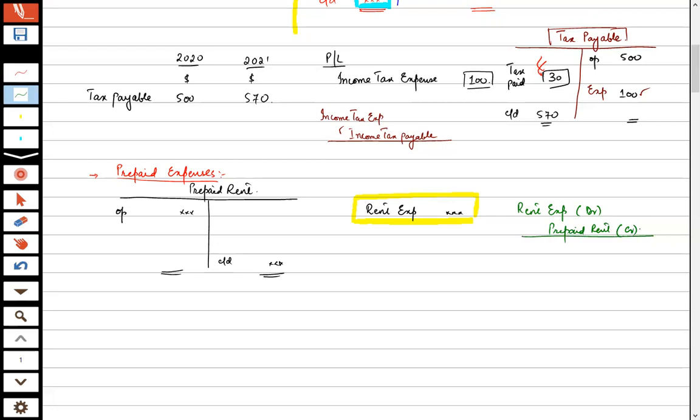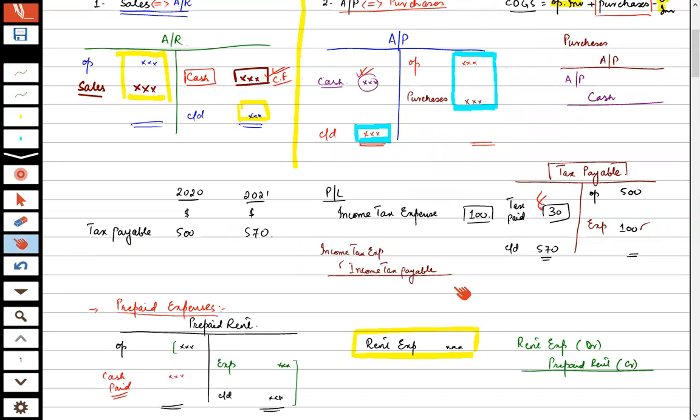This entry we used to make in the adjustment of the prepaid. So prepaid rent is being credited. So we will credit this T account with the amount of expense. And again, we will balance this T account by adding these two amounts and subtracting the opening amount. And the remaining will be the cash paid in respect of that expense in the context of the direct method. So these are some of the workings that we need to incorporate in the direct method of the cash flow statements.